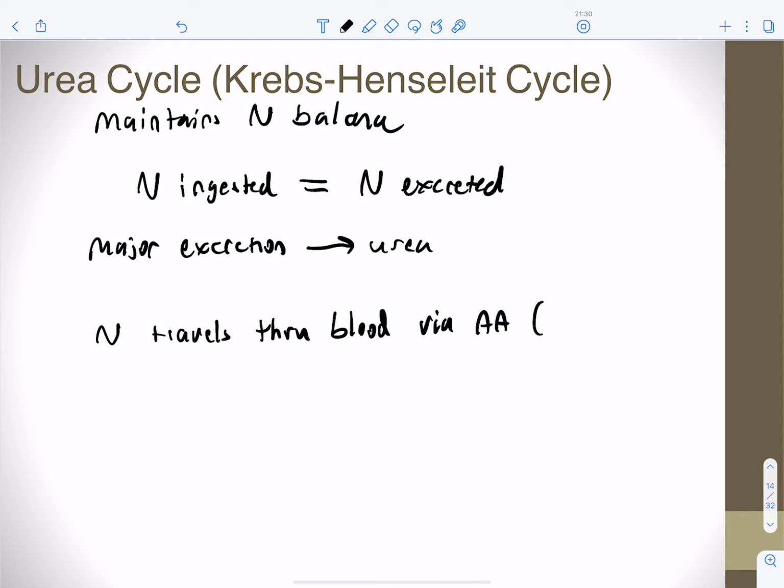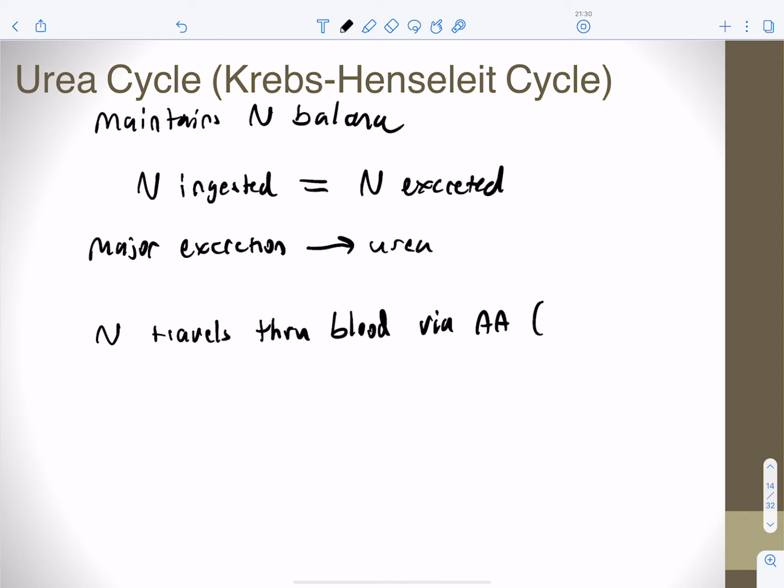So for the allosteric regulation, arginine is going to stimulate more ornithine production. And arginine is also going to stimulate the formation of NAG, which is N-acetylglutamate.